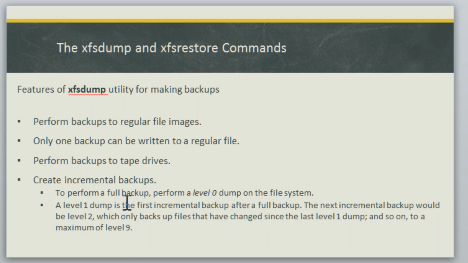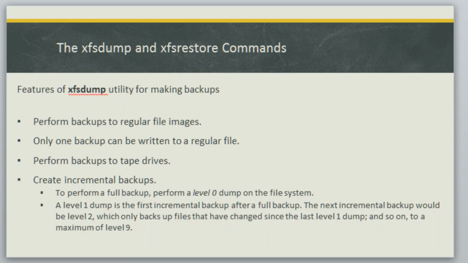So guys, to perform a full backup, we will perform a level 0 dump on the file system. The next incremental backup would be level 1, which only backs up files that have changed since the last level 0 dump. Then level 2 only backs up files changed since the last level 1 dump, and so on, to a maximum level of 9.